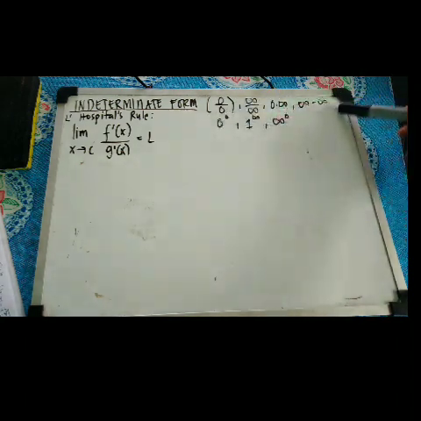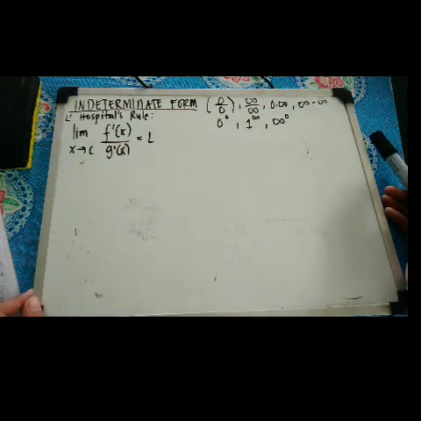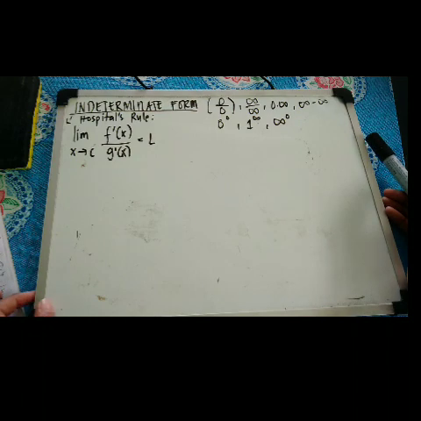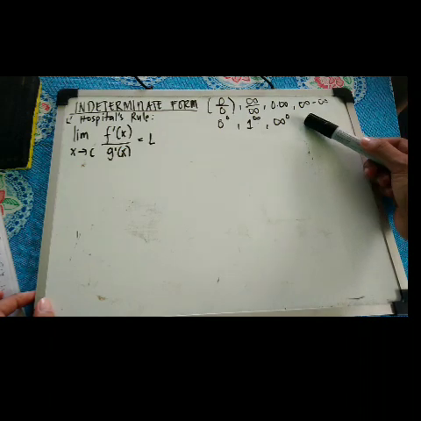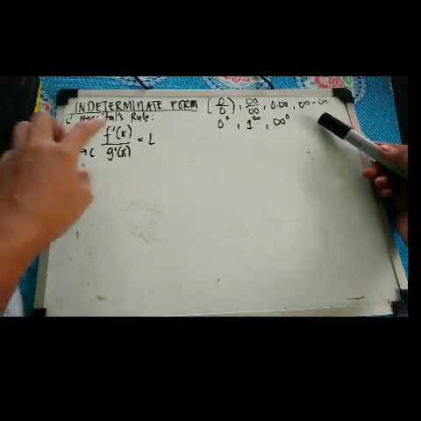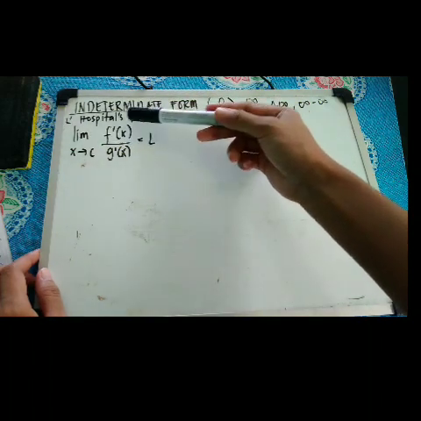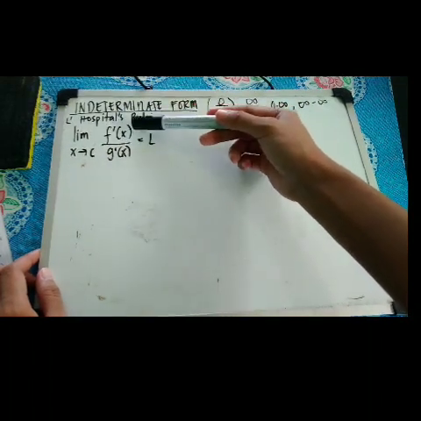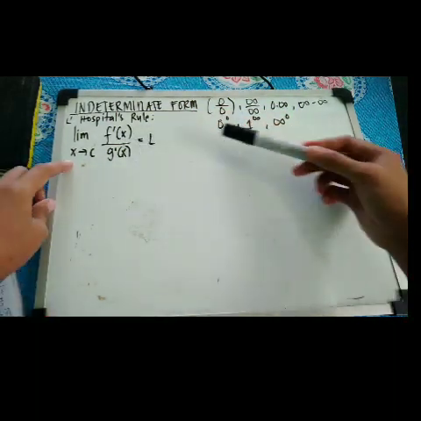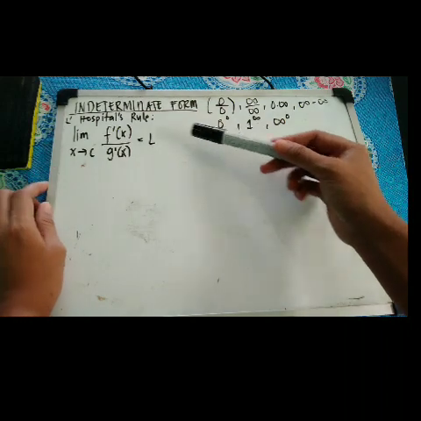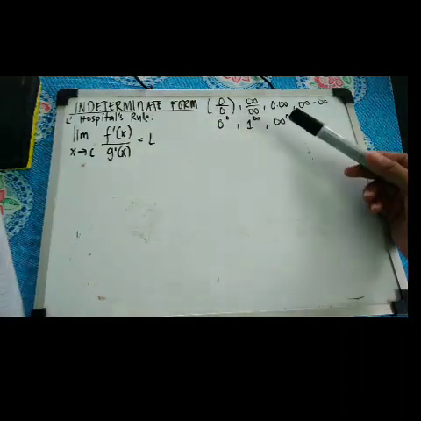In order to find the exact number of the limits, we need to use L'Hopital's rule. So we have the formula: the limit of f prime of x divided by g prime of x as x approaches c.